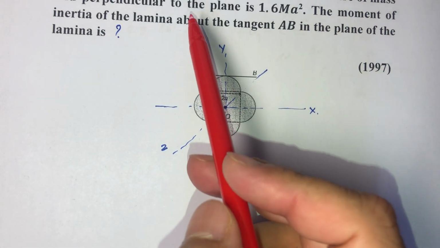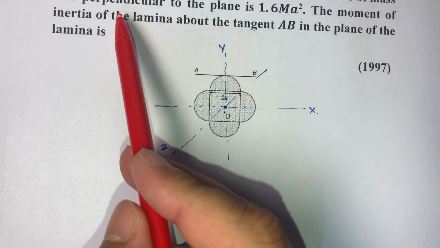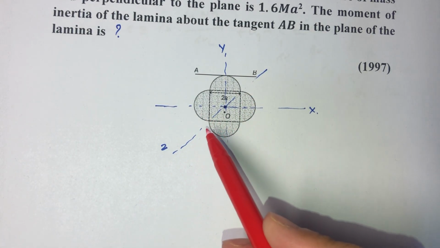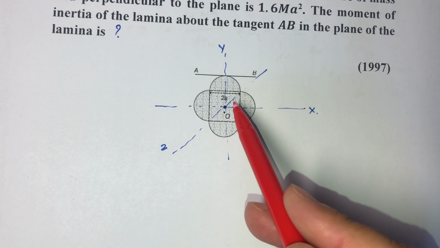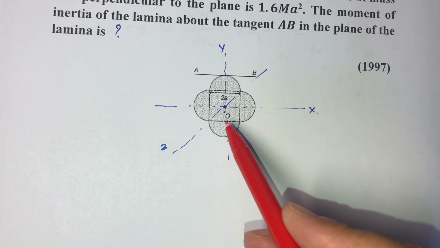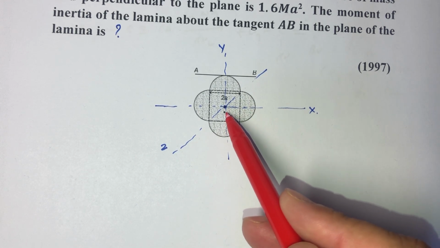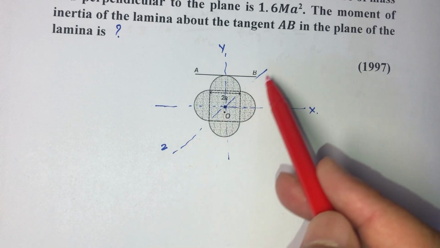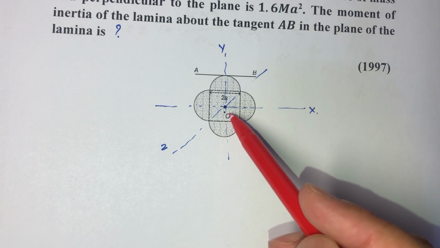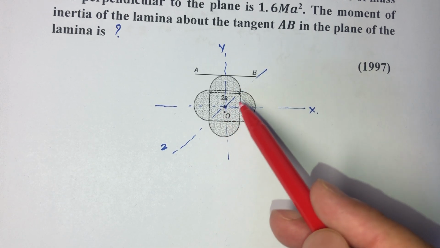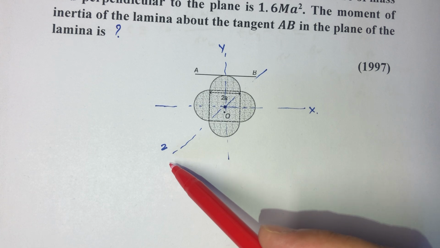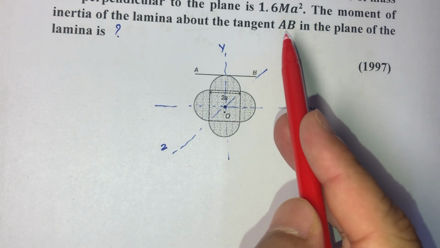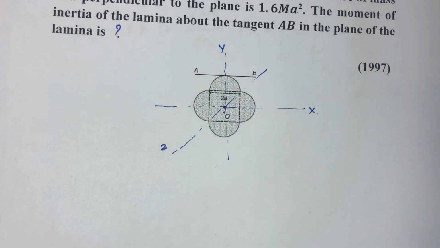So it is given that the moment of inertia about an axis through its center of mass and perpendicular to the plane. So in the question itself it is given the moment of inertia of this lamina along the axis which is perpendicular to the plane and passing through the center of mass. So this is center of mass and we have z-axis which is perpendicular to this plane lamina. Therefore we are given Iz as 1.6 ma square.